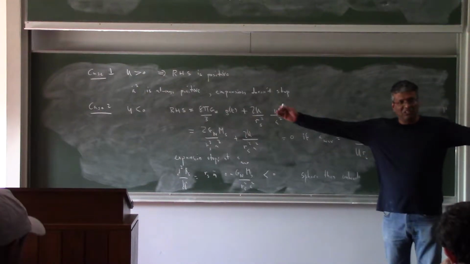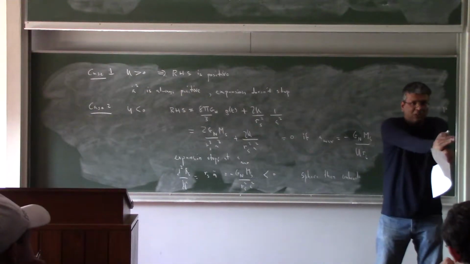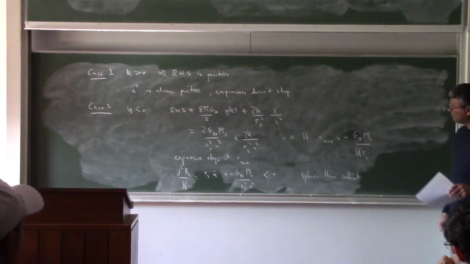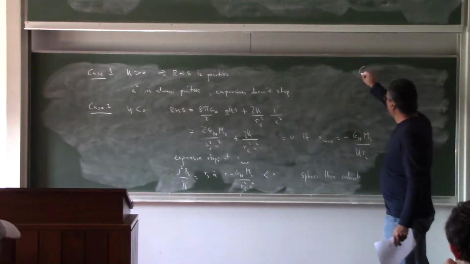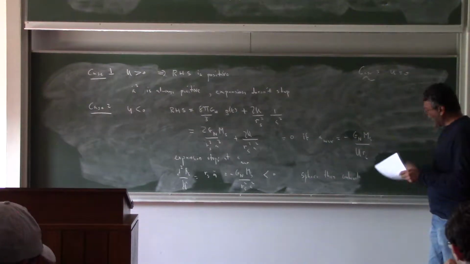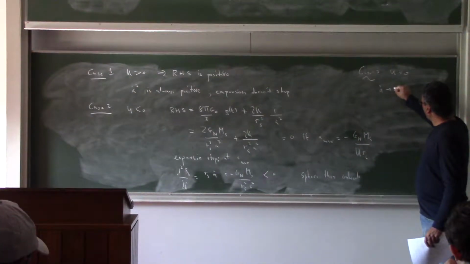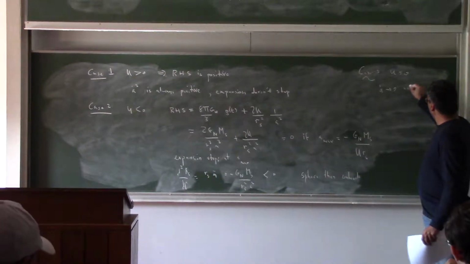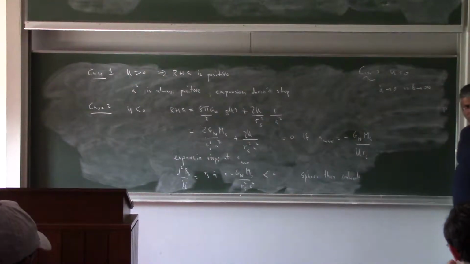So the sphere expands out to a maximum size, and then it contracts. Case 3 is when u equals 0. In this case, a dot goes to 0 as t goes to infinity.